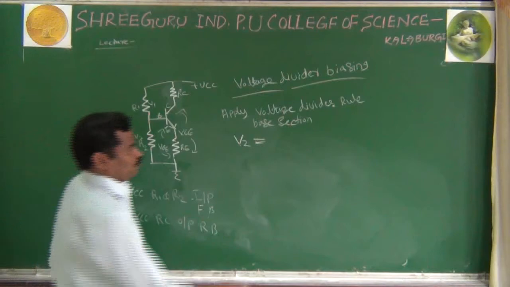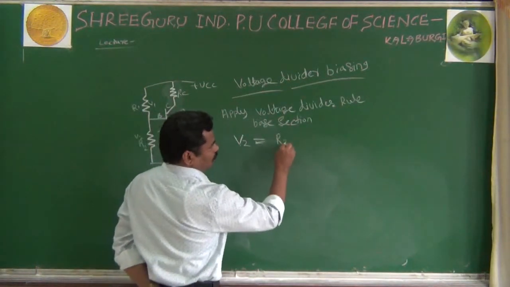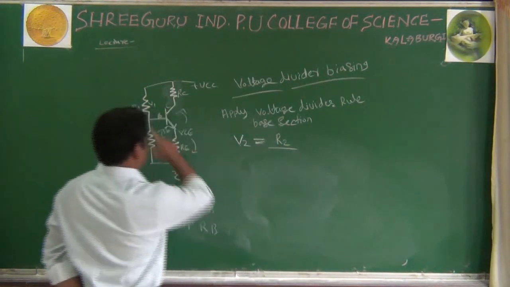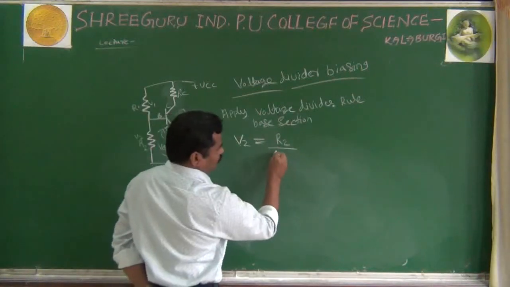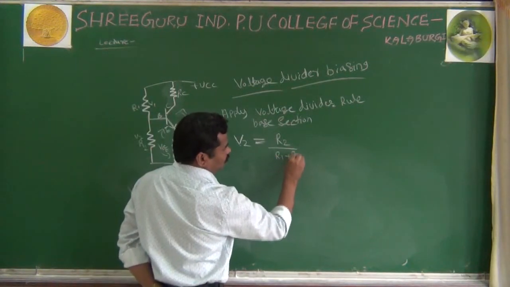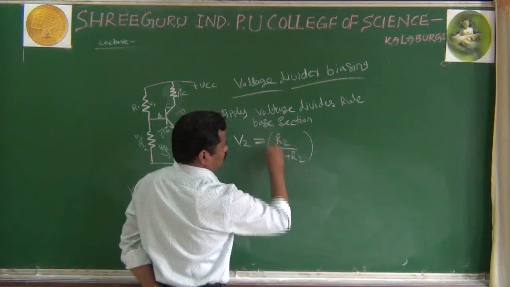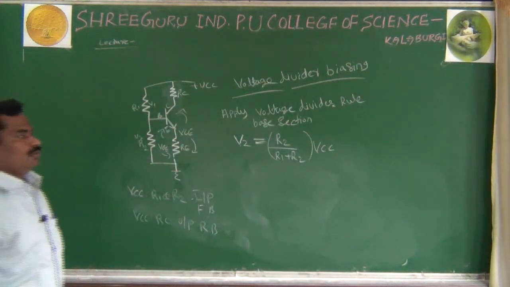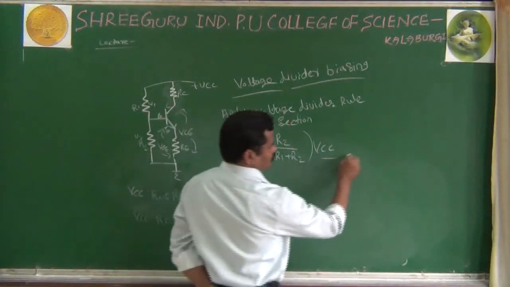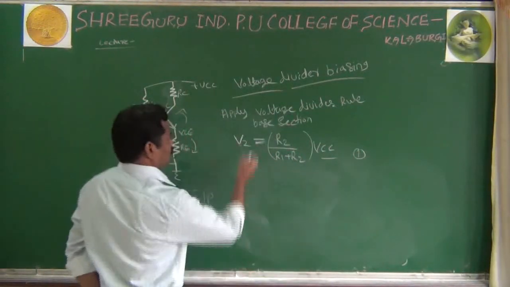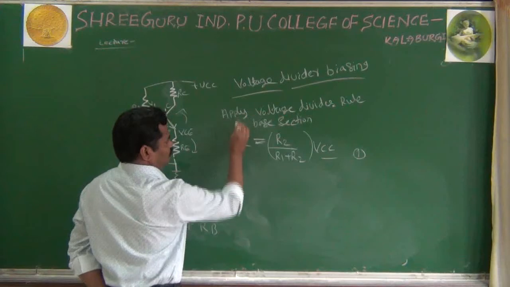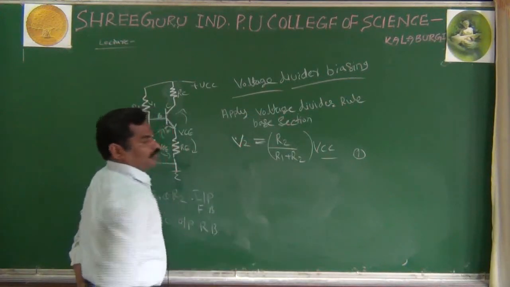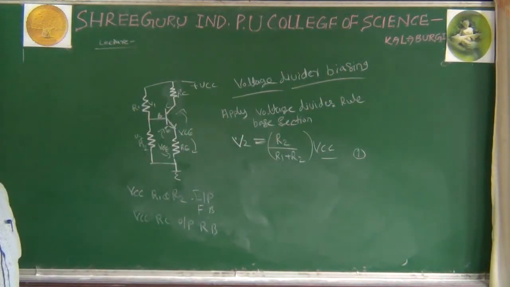That means R2 divided by the total resistance R1 plus R2, into VCC. This is equation number 1. In some books you can write V2 or you can write VB. The VB is nothing but the base voltage.